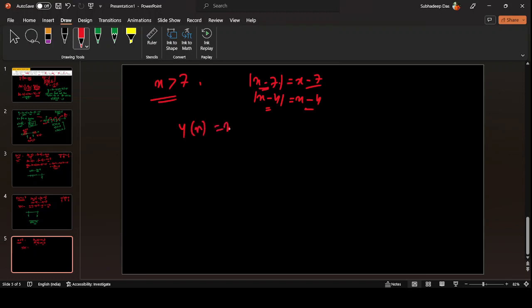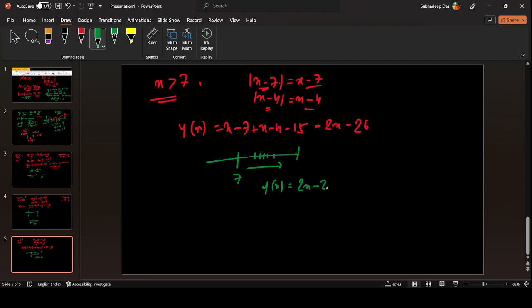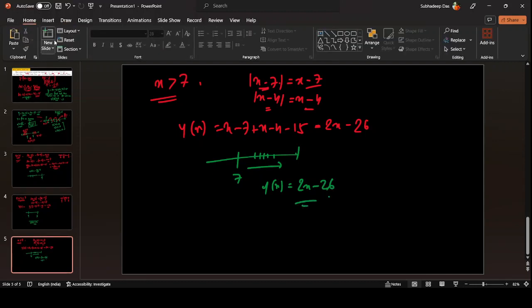So y(x) would be x minus 7 plus x minus 4 minus 15, that is 2x minus 11 minus 15, that is 2x minus 26.